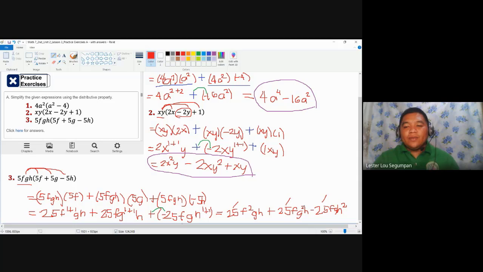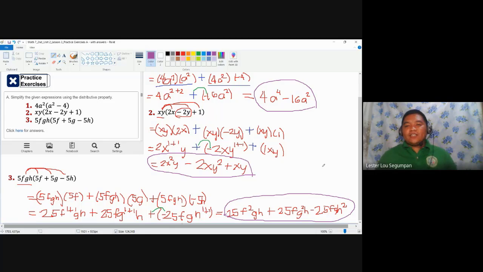F squared, this has none, therefore they are unlike. The second and third terms, yes, they have the same exponent for F, but for G and H, they don't have the same exponent. Therefore, this is now the final result.